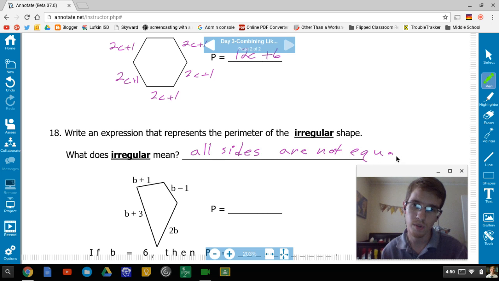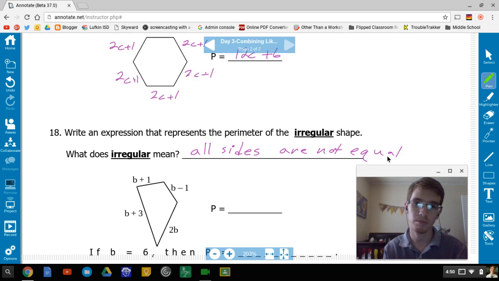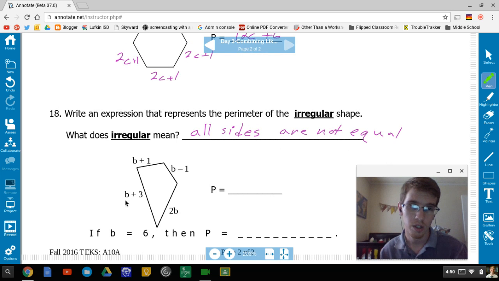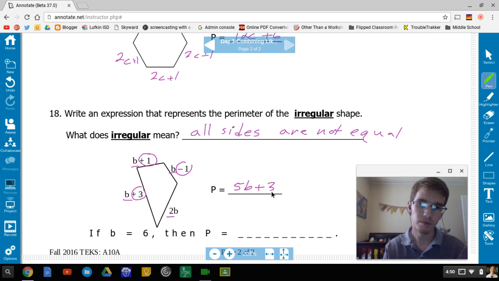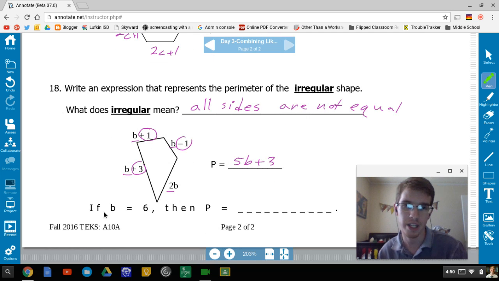Okay. Just means we have to label all of them, which in this case they're all labeled. We have B, 1, 2, 3, 4, 5. We have 5 B's, 3 minus 1 is 2, plus 1 is 3. So 5B plus 3. And then the last question we have is, if B equals 6, then what's the perimeter?